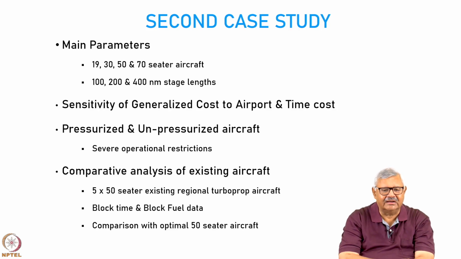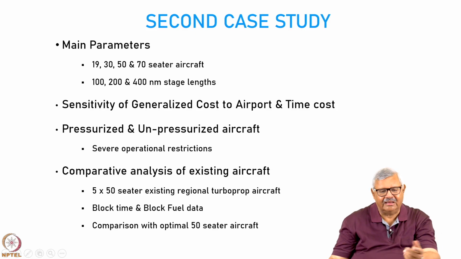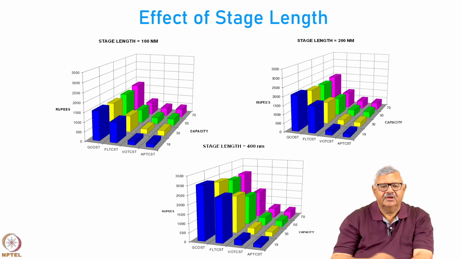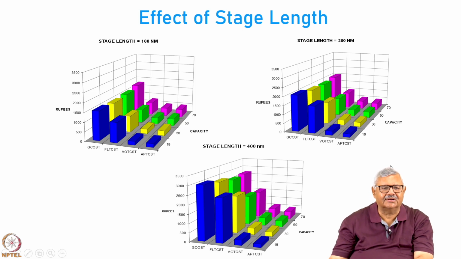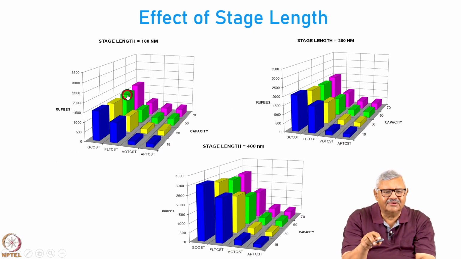So, we did a comparative analysis of 5 aircraft of 50 seats available. We looked at the block time and the block fuel data and then we did a comparison. So, let us look here first. If you have a small stage length of 100 nautical miles, such as in this particular image, you notice that the generalized cost of travel is almost the same whether you have small aircraft or large aircraft, because in the case of a small aircraft the flight cost is high, but the airport cost is low.